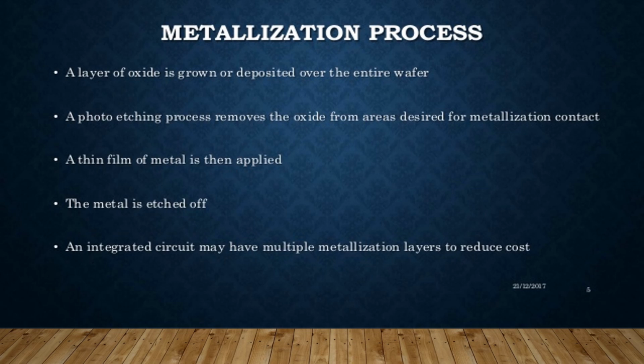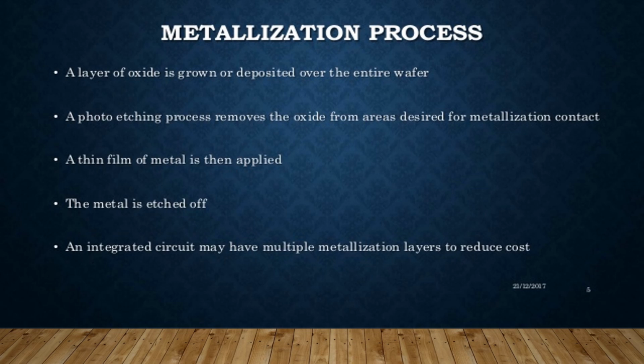So a layer of oxide is grown or deposited over the entire wafer. As I have explained in photolithography, the same steps are repeated again and again. Initially we deposit a silicon dioxide layer on the silicon wafer for device fabrication.